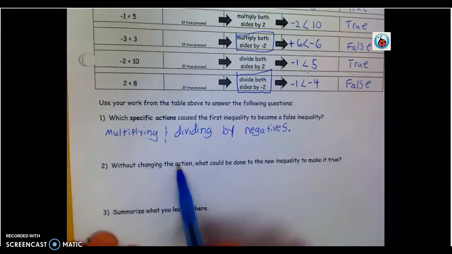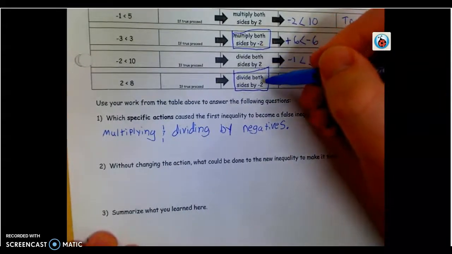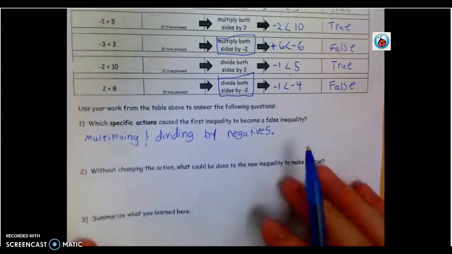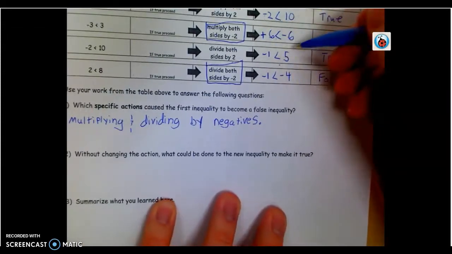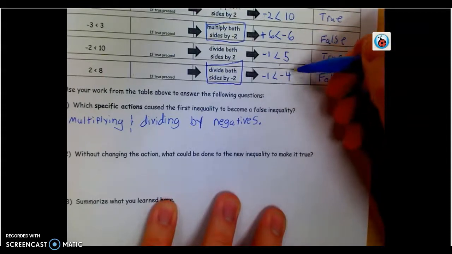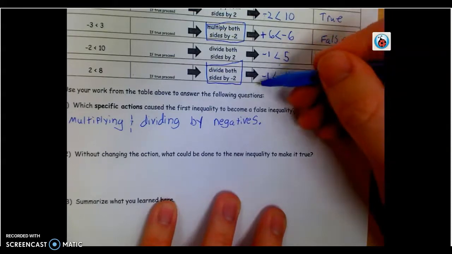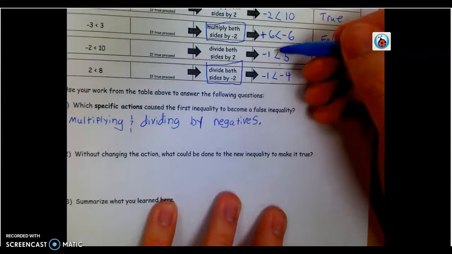So without changing the action, so without changing the multiplying by -2 or dividing by -2, what could be done to make the new inequality true? What could we do to this inequality and this inequality to change it? Give you a second to think about it. If you need to pause the video to think about it, you can. But the answer would be flipping the sign.